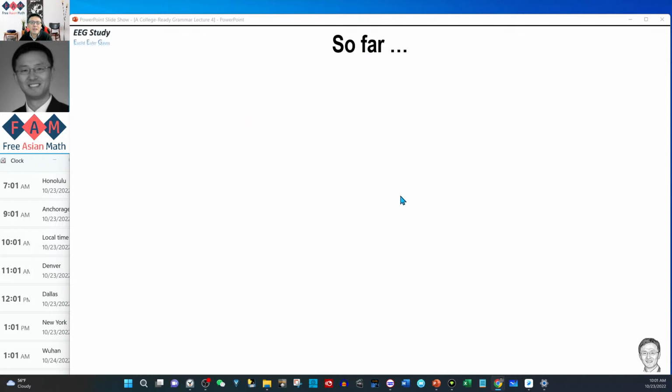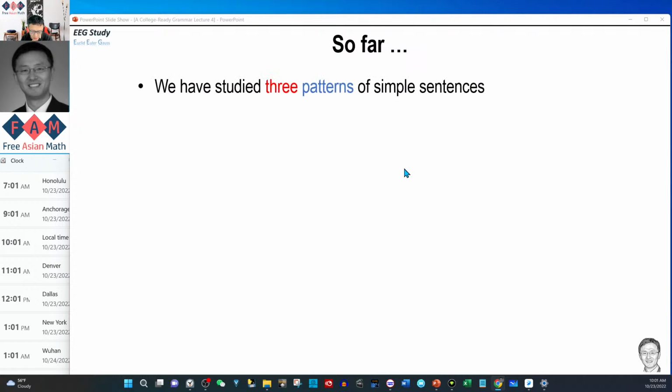Okay, let's have a quick summary of what we have studied so far. We have studied 3 patterns of simple sentences. In pattern 1, we have a subject, then we have a be verb.